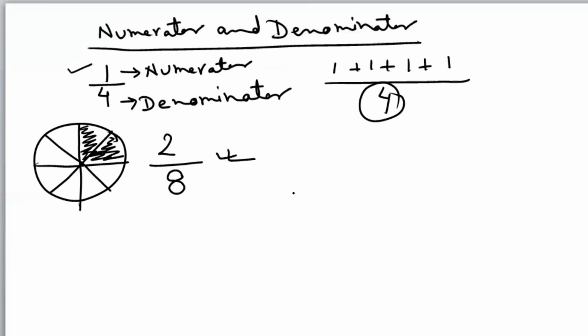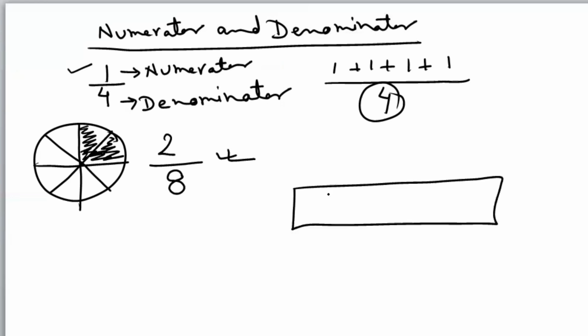Or if there is a rectangle, it says it has 6 equal parts. 1, 2, 3, 4, 5, 6. And out of 6, shade 1 part.